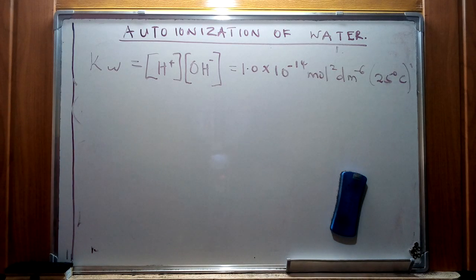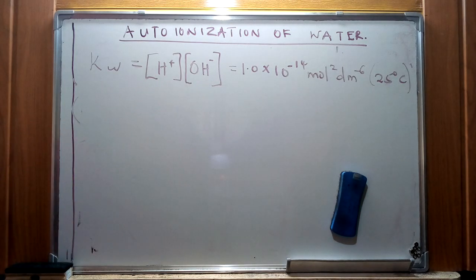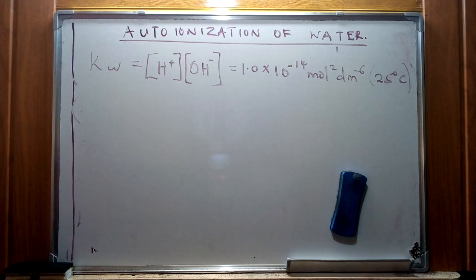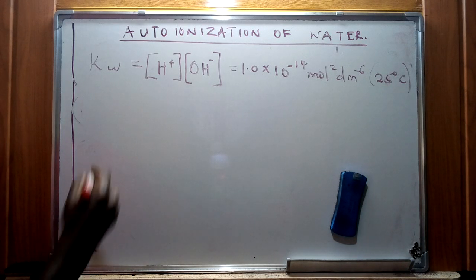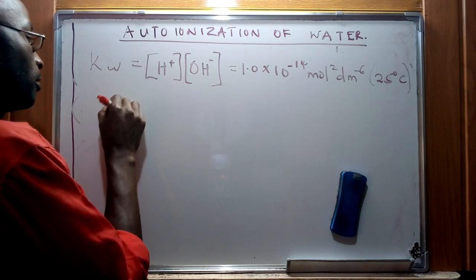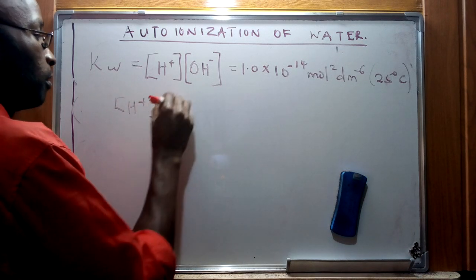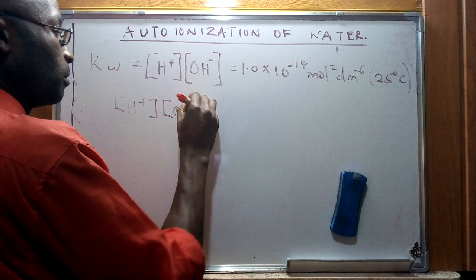Now, given that in this reaction the mole ratio of the OH group and the H positive is 1:1 at equilibrium, we are going to consider that these ions, with the mole ratio of 1:1, are going to share this value.